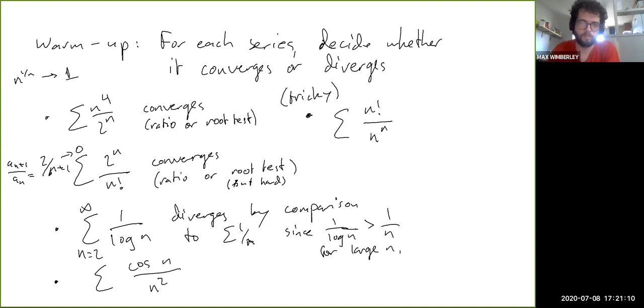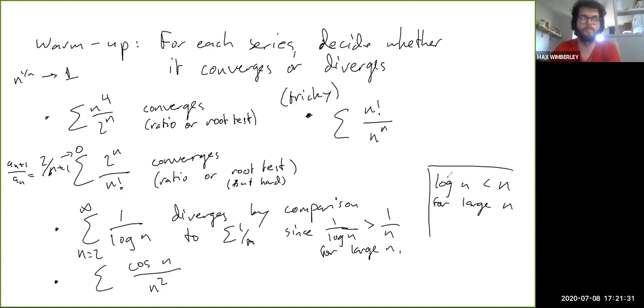But just to return to what I was saying before, the fact that log of n is less than n for large n is, I mean, that is the reason that this diverges ultimately, right?